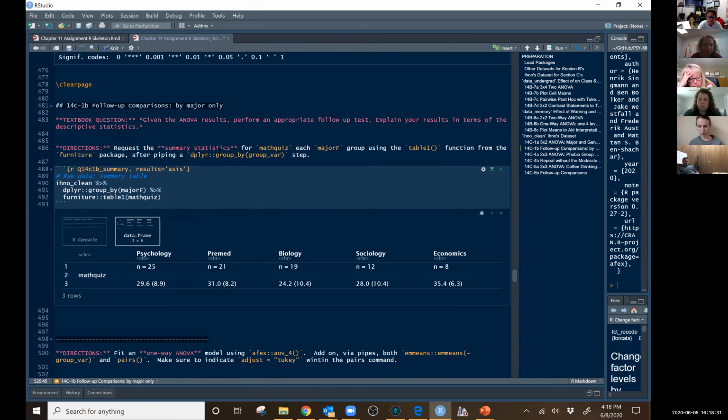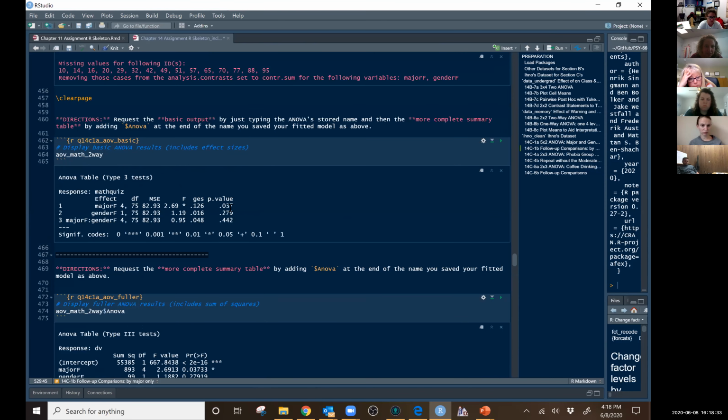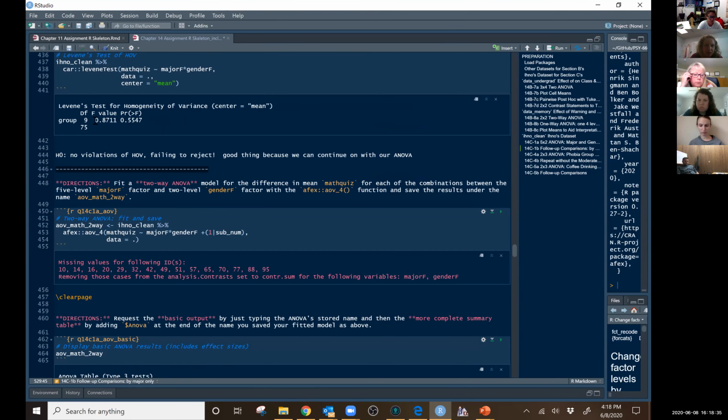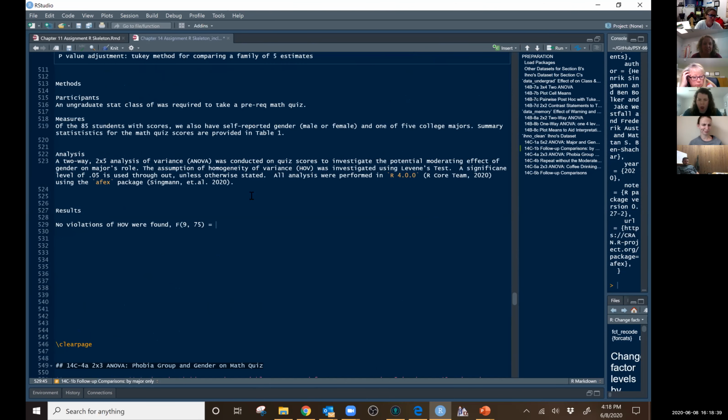And then the F value equals, I'm going to grab this F value and that P value when I'm right there. F value we should do to how many decimal places? 2. P value we should do to 3, but don't put the 0 in front.